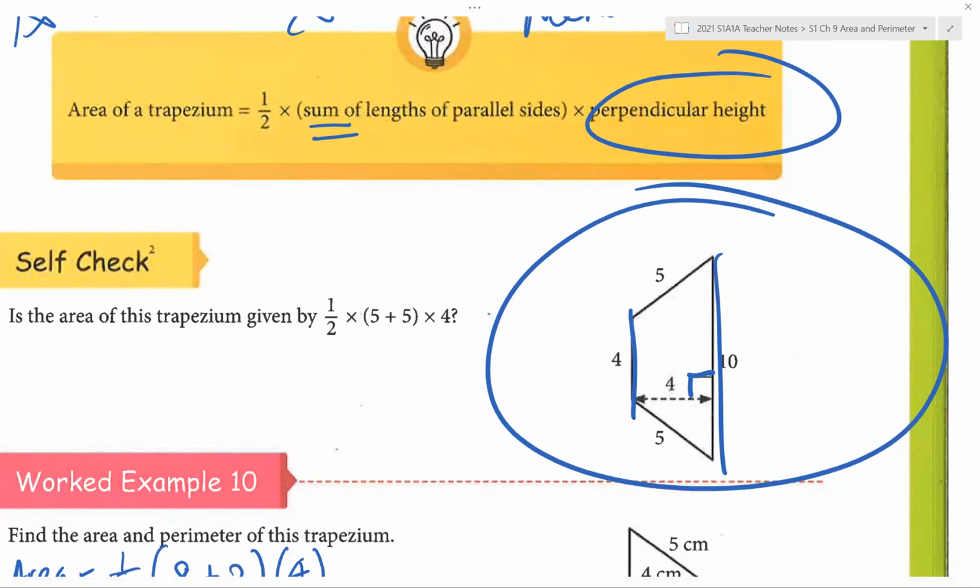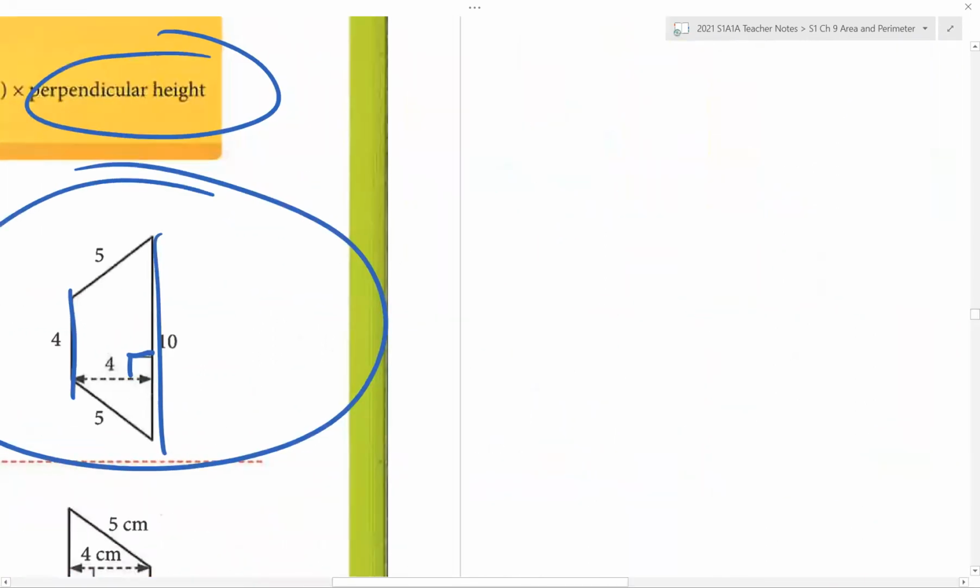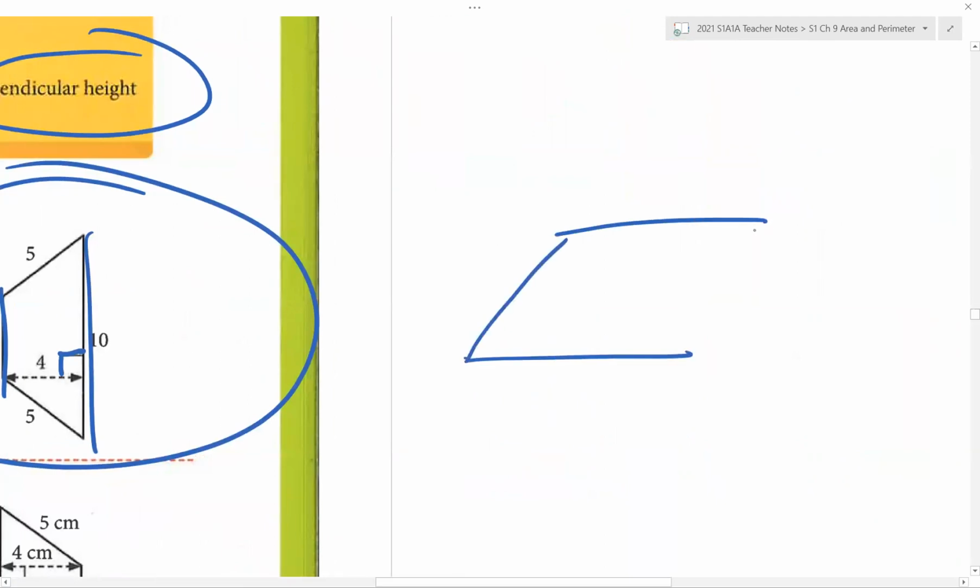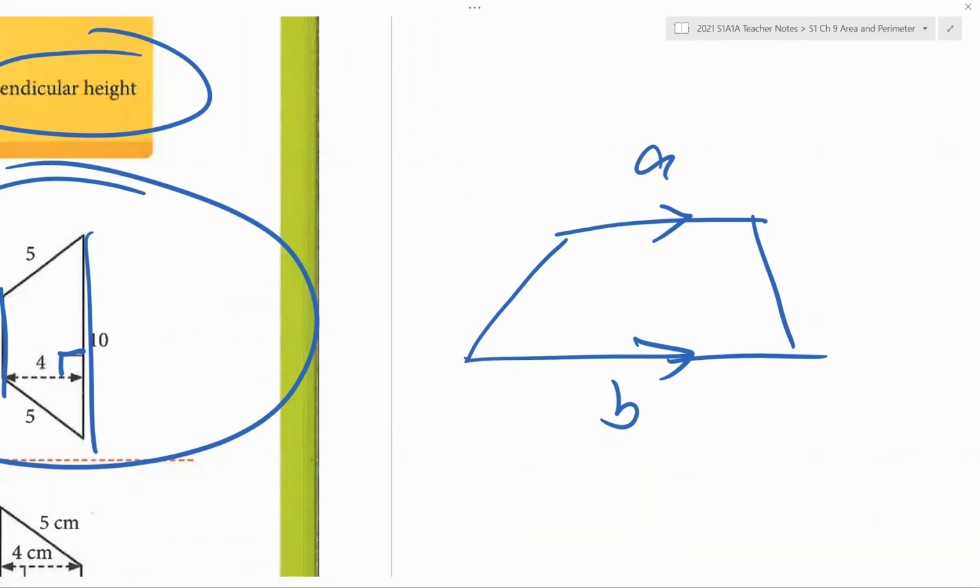What is the confusion over here? You are used to trapeziums looking like this, where you have the parallel sides shown horizontally. When the parallel sides are shown horizontally, you're okay with half times A plus B times the perpendicular height. Can you identify that the H over here is the perpendicular height?